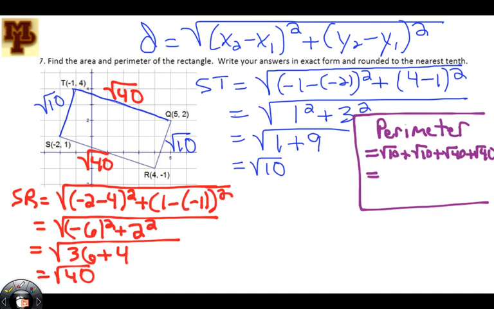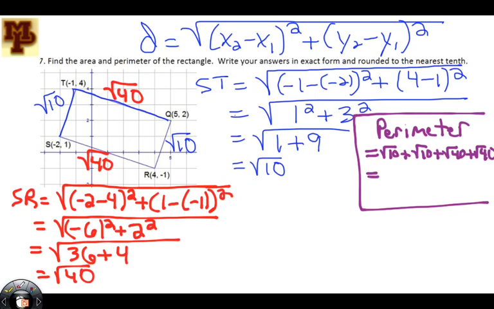So I'm going to do it real quickly. So square root of 40 plus square root of 40 plus square root of 10 plus square root of 10.